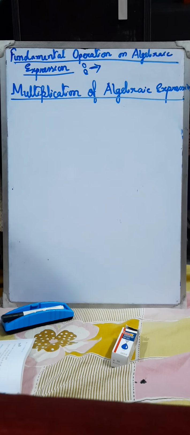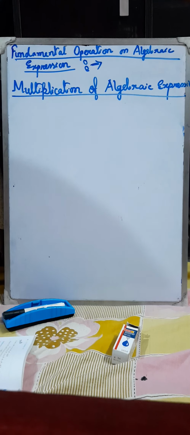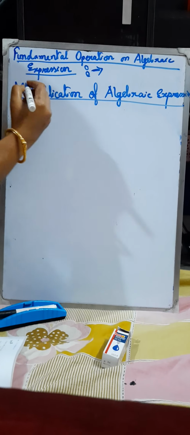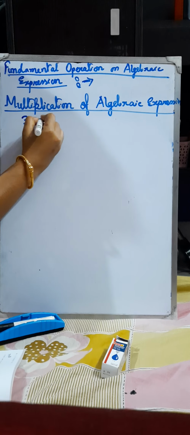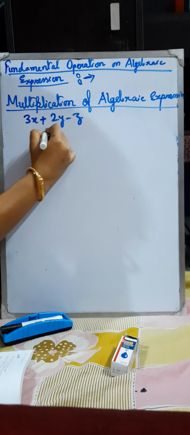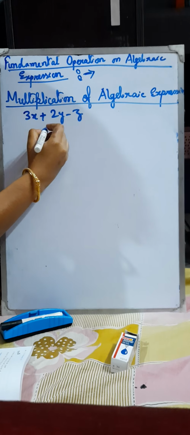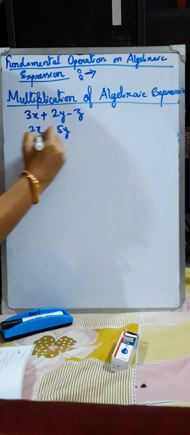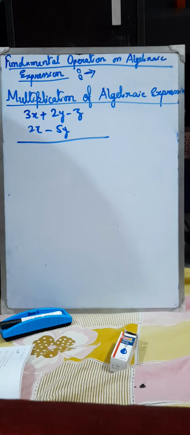First I will take the column method and then the horizontal method. 3x plus 2y minus z is multiplied by 2x minus 5y. So first multiply each part by 2x.